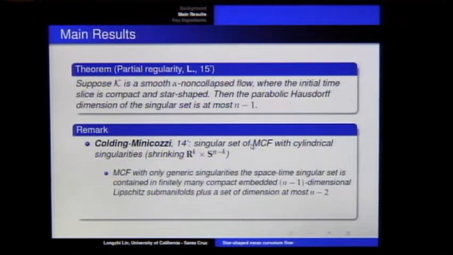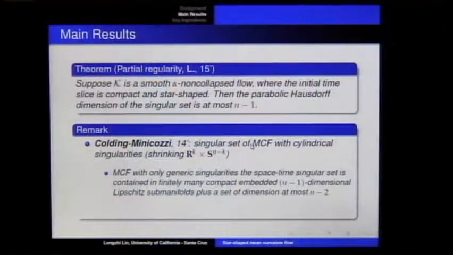And also recently, Colding-Minicozzi proved that for the mean curvature flow with only cylindrical singularities, which means they are spheres or generalized cylinders, they have a better description of the singular set. So as you can see from the classification of the star-shaped mean curvature flow singularities, their result also applies to the singular set. So you have a better description.